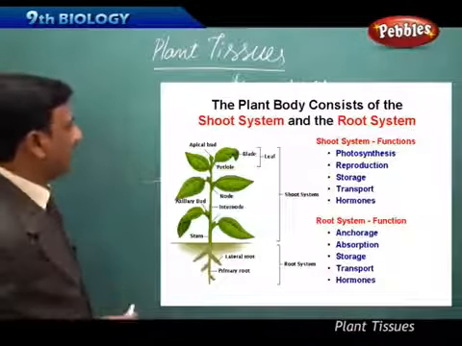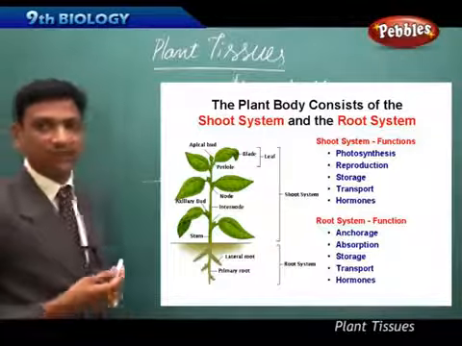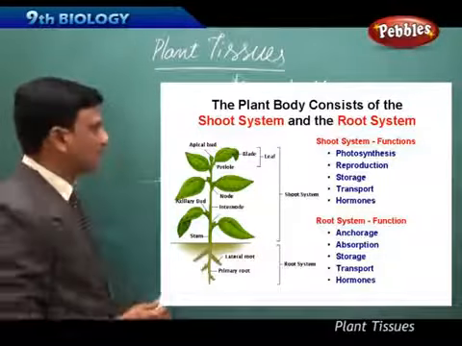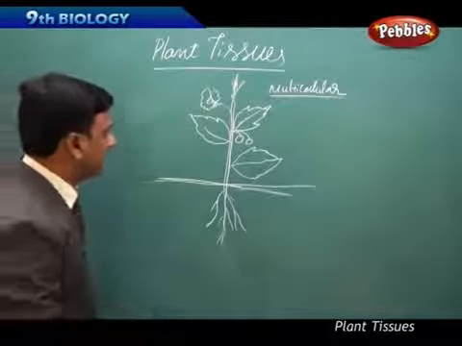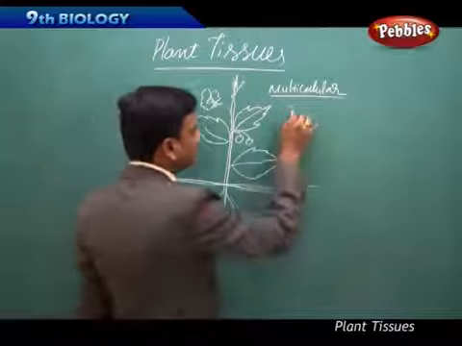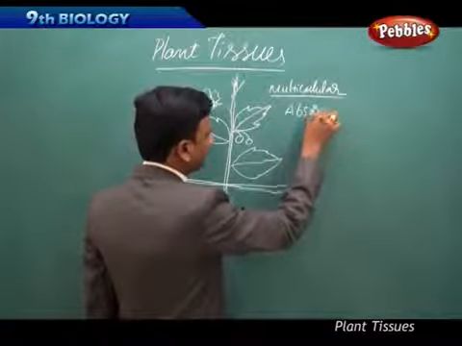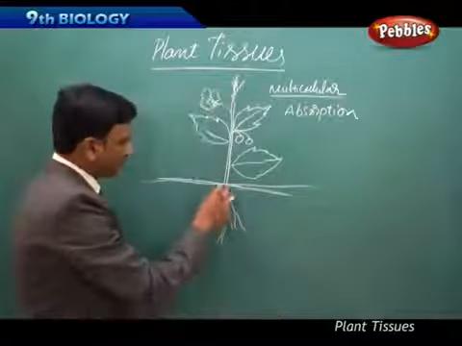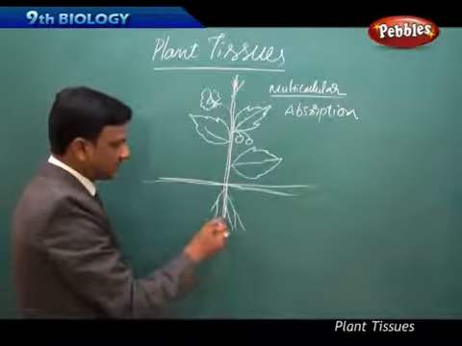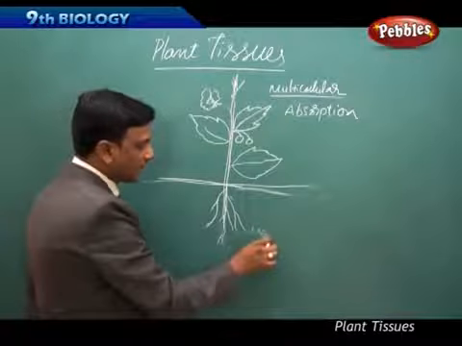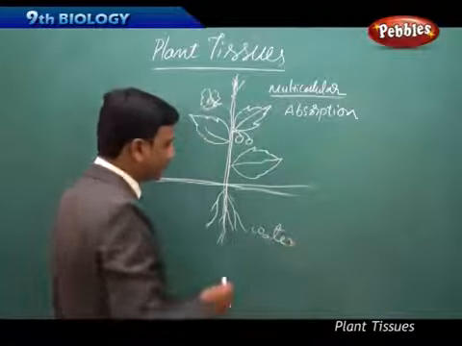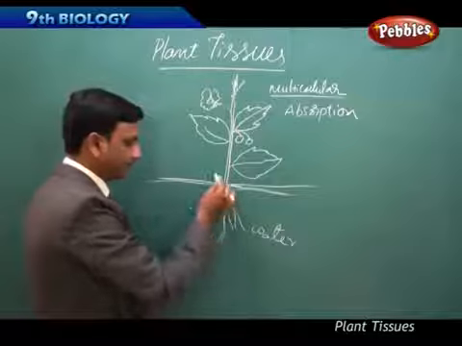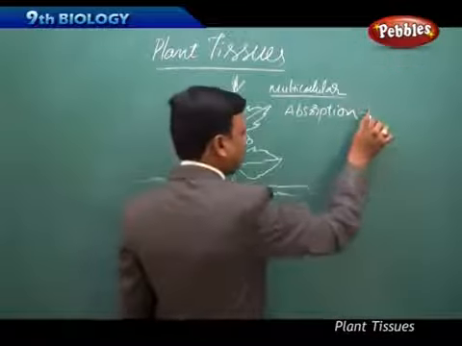If you look at this plant, it has to perform different functions. What are the different functions that this plant performs? One is absorption. The roots of the plant absorb the water and mineral salts from the soil. So absorption by roots.